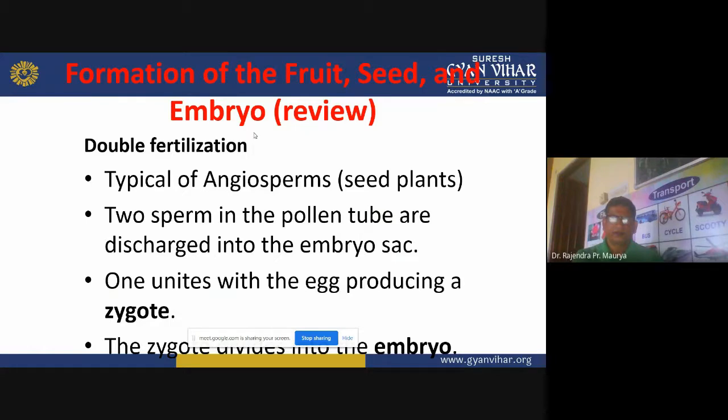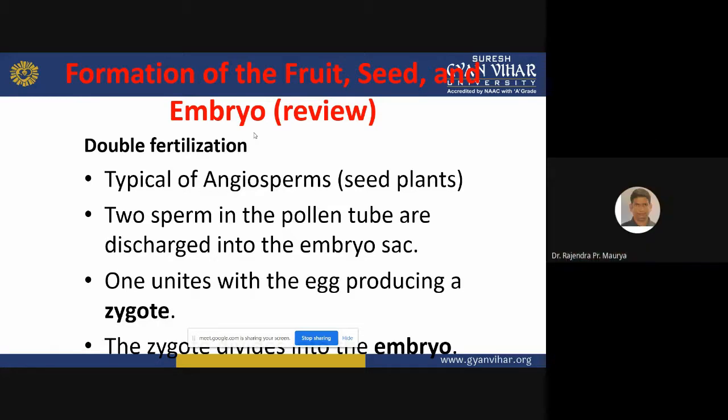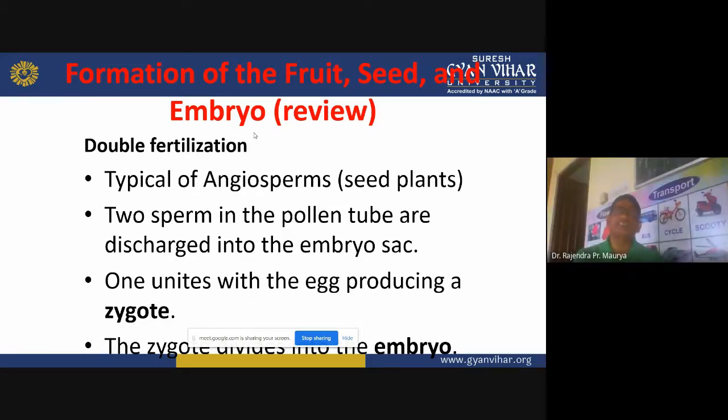Plants are of two types, angiosperms and gymnosperms. Angiosperms are flowering, seed-bearing plants, and gymnosperms have no covered seeds; the seeds are naked.